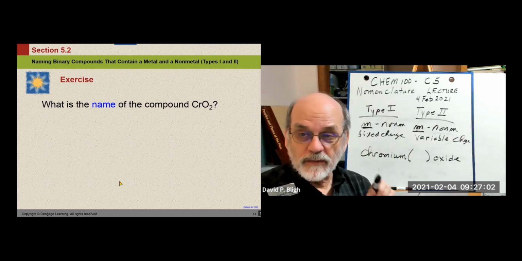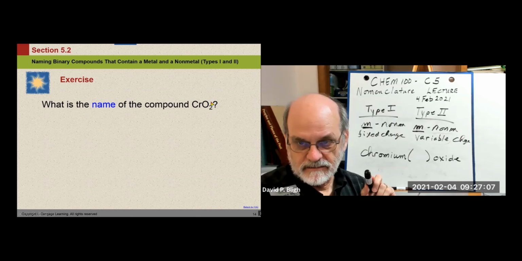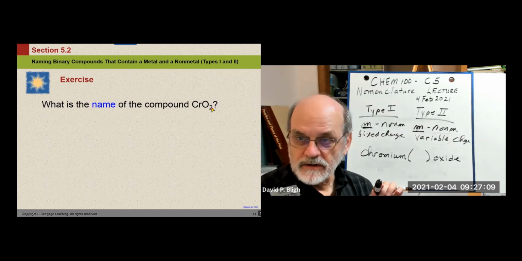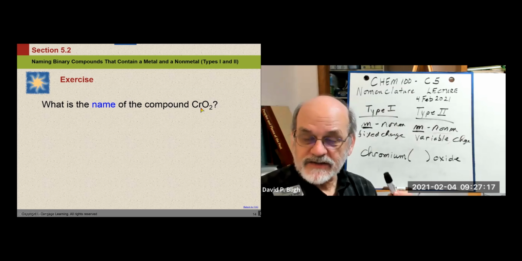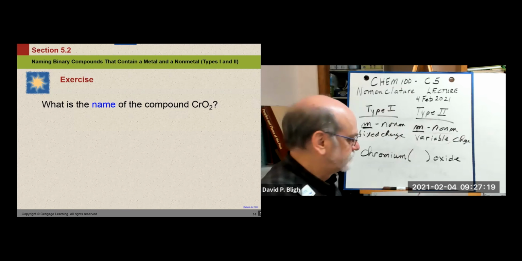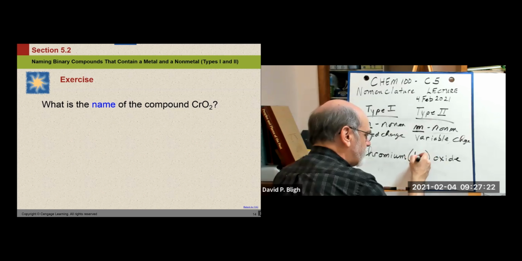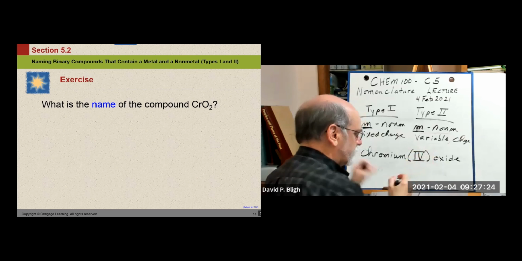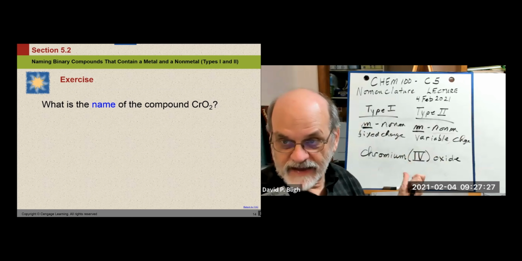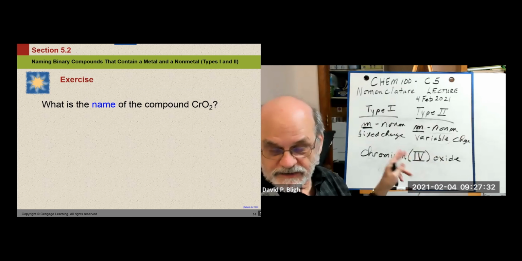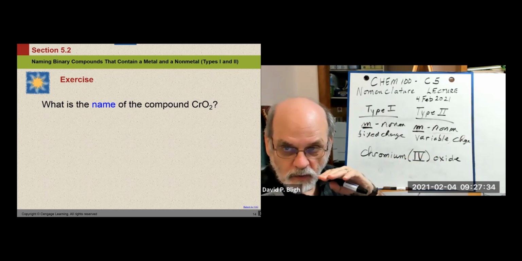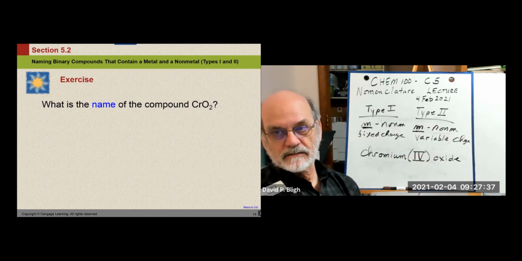Okay, now we need to determine what is the charge on chromium. Each oxygen is 2-. So the total negative charge is 4-. We only have 1 chromium, so it has to be a 4+. Okay, that's the name of the compound. And if you have that name, you can write CrO2 with no other possibilities.